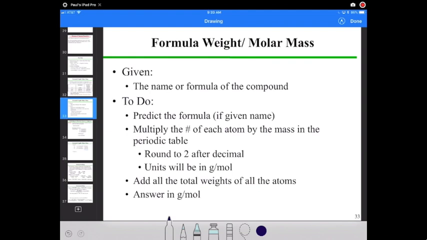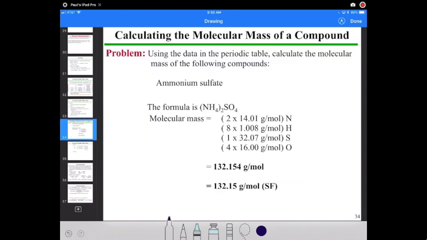So if you need to actually calculate it, you're going to need to practice it by yourself because on the exam you won't have CHEM-111. You will be given the name or formula of the compound. To predict the formula if given the name, multiply the number of subscripts by the mass in the periodic table, round after 2 decimal places, and add them all up. The units will be grams per mole. So an example, ammonium sulfate.